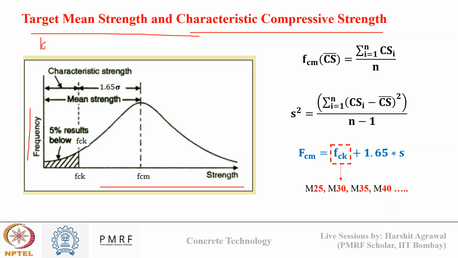Suppose you have done 100 tests on concrete cubes. For 100 tests, I will get 100 results. So it will represent the frequency, like how many times 25 MPa strength came, how many times 28 MPa strength came. That represents the frequency of repetition of a certain strength value.